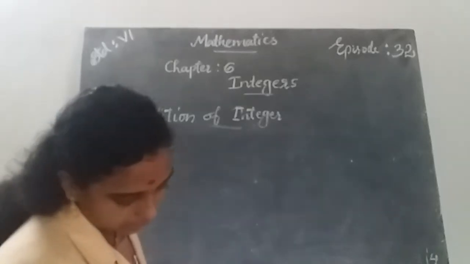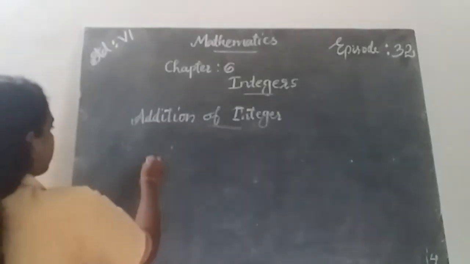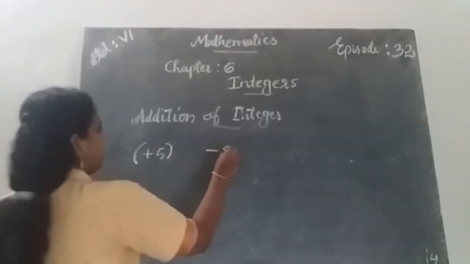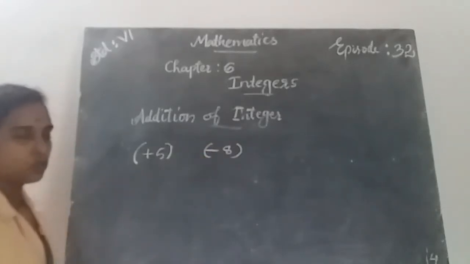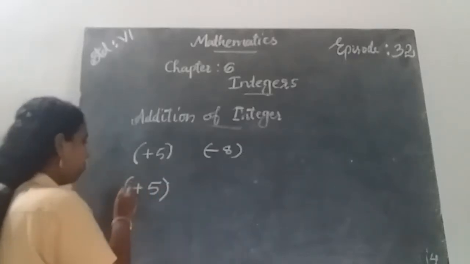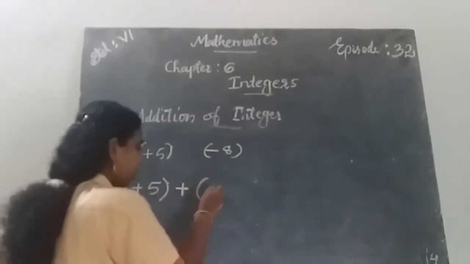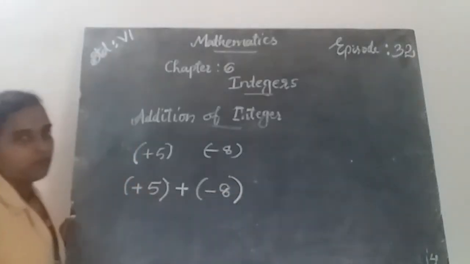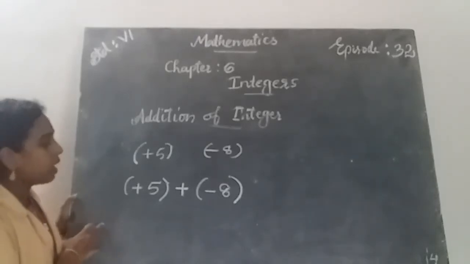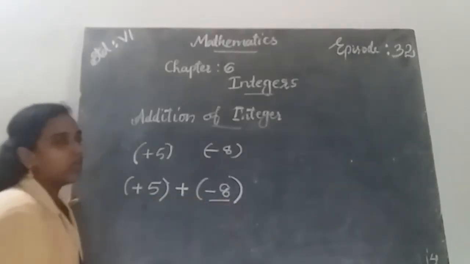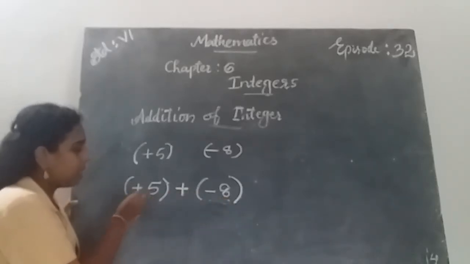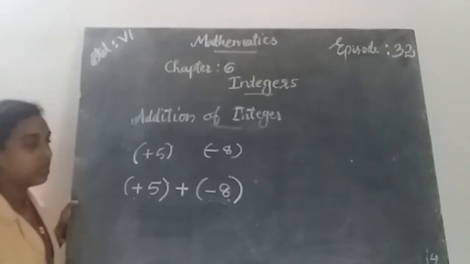For example, if we take one positive integer and one negative integer and want to add them, that is positive 5 plus negative 8. The sign of 5 is positive and here it is negative 8.